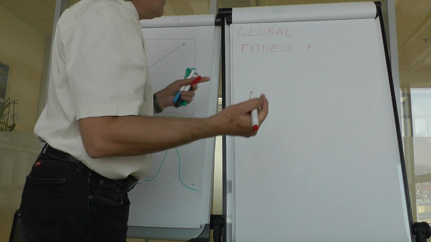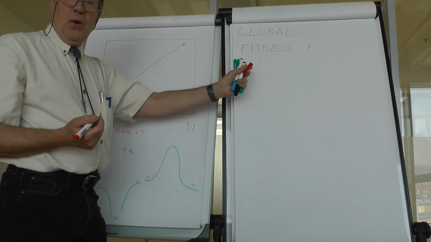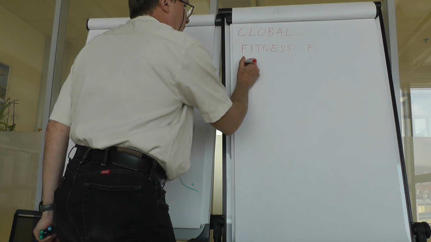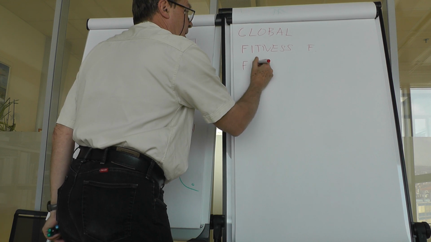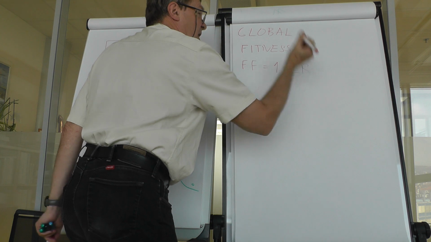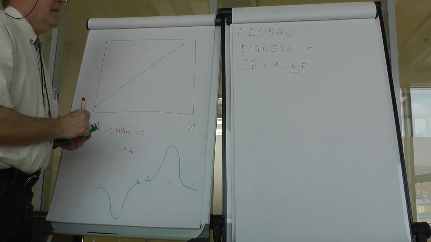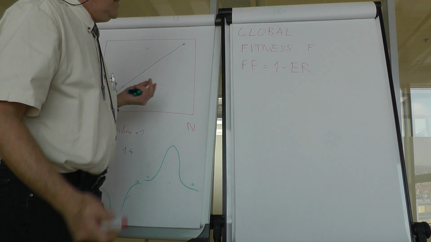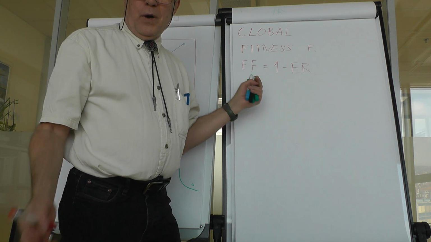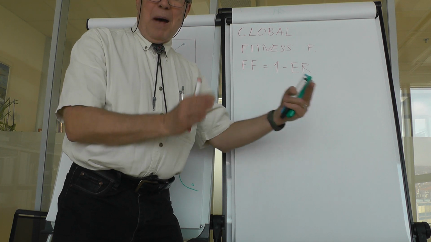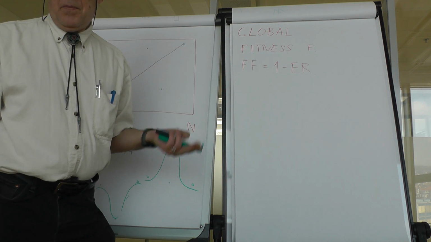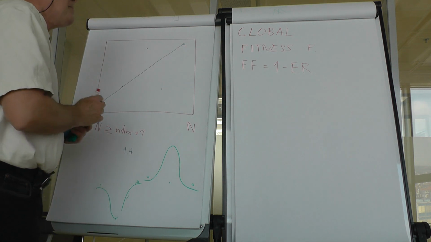Fortunately, if you have the error function and you want to create a fitness function, you can easily do that, for example, as fitness function equals 1 minus error function. And you have a function which for the same problem has a maximum at the point where the previous error function had a minimum. So it's easily converted.